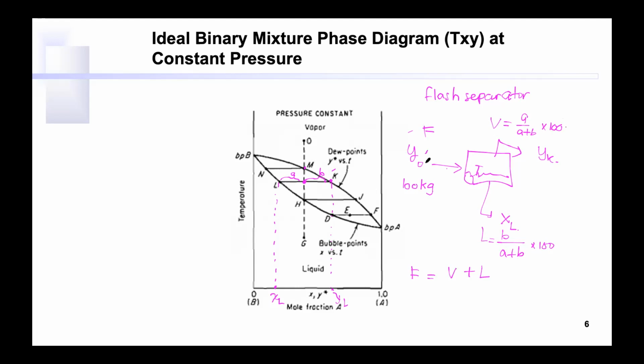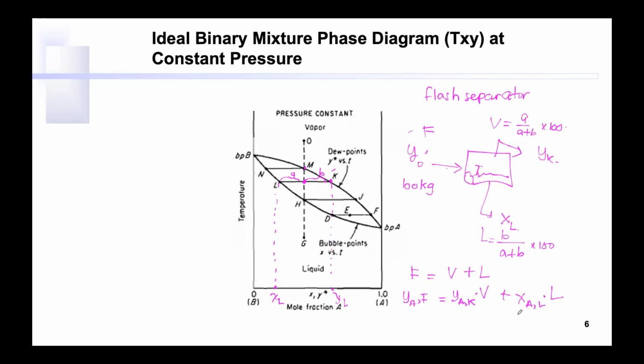If we look at component A, for example, A in the feed is equal to the vapor phase of A in the stream K, multiplied by the vapor, YK, plus X A in the L multiplied by the L. Now, this one is going to be 100.